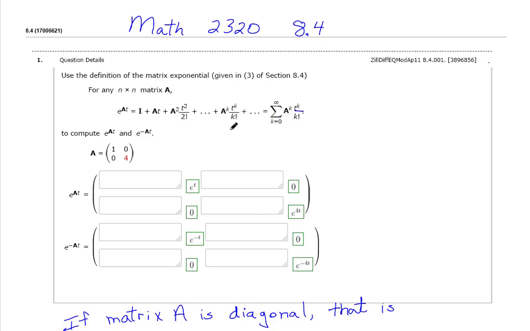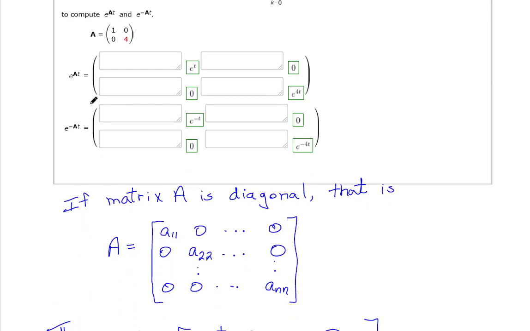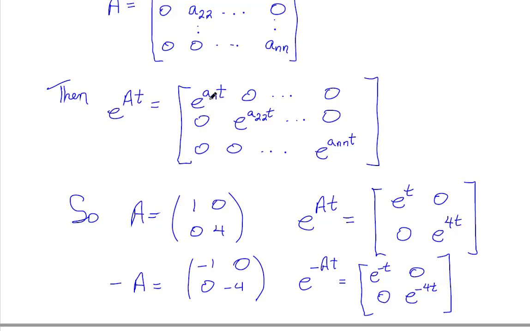So you might wonder, well, how are we going to calculate this infinite sum? Well, it turns out that in question 1, A is a diagonal matrix where I've got 1 and a 4 and zeros. And it turns out that if A is diagonal and just has elements on the diagonal, then e to the At is simply e raised to each of the diagonal elements.